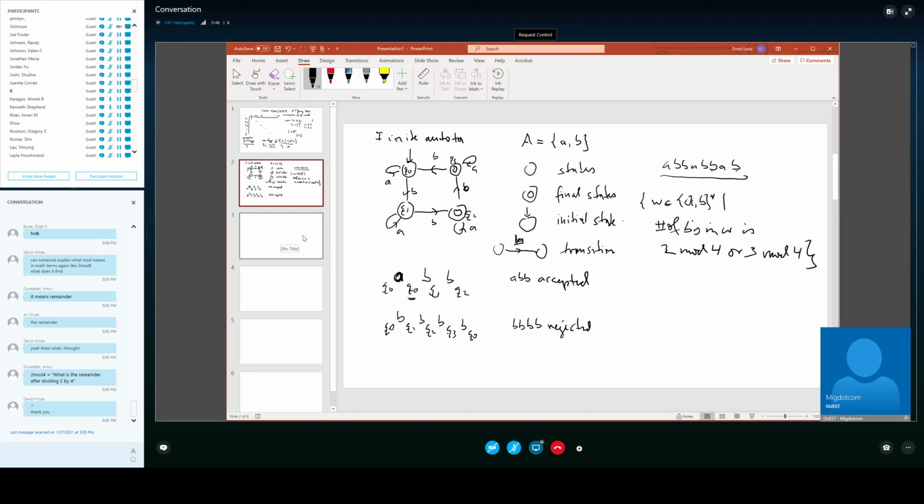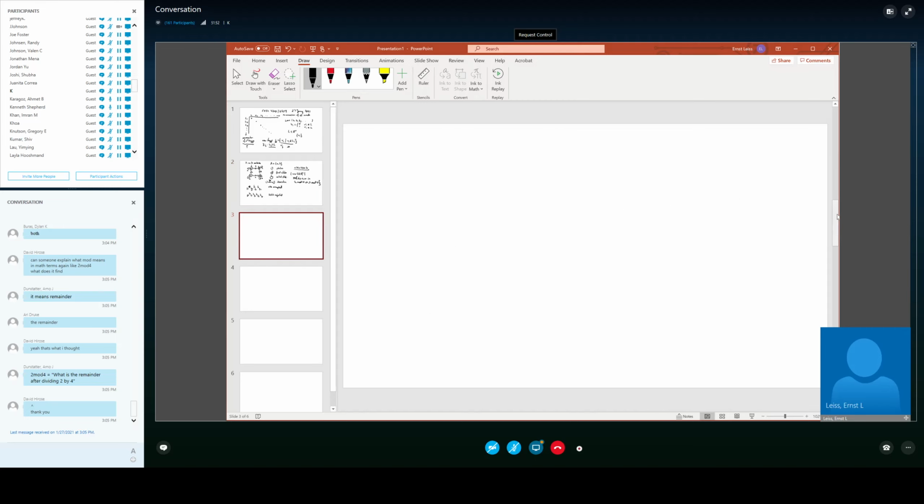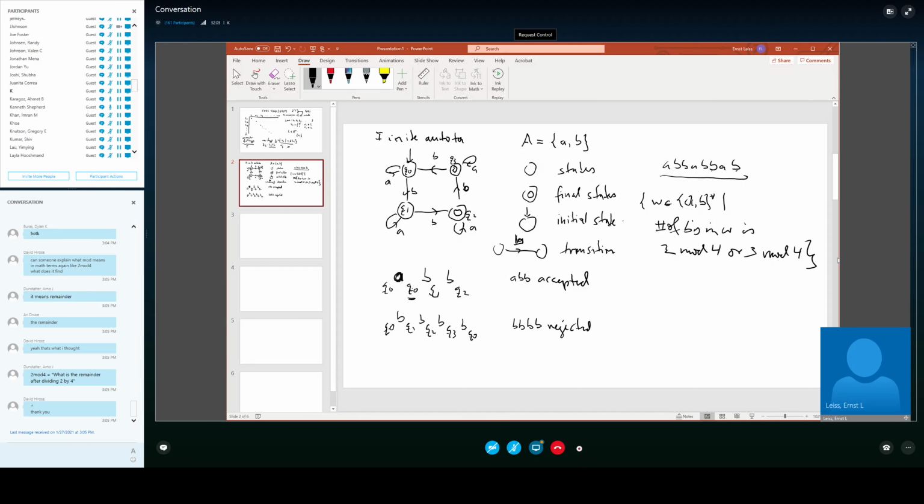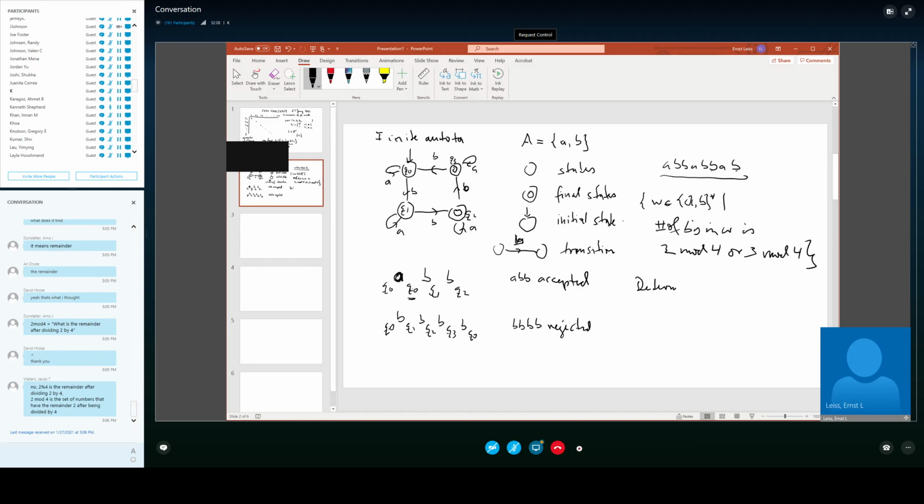So now we have to be a little bit more formal, and we have to define formally what a finite automaton is. It turns out that this automaton is a deterministic finite automaton. Why is it deterministic?